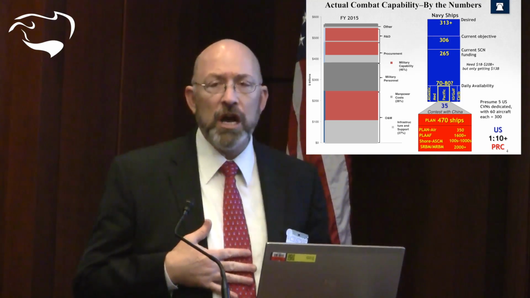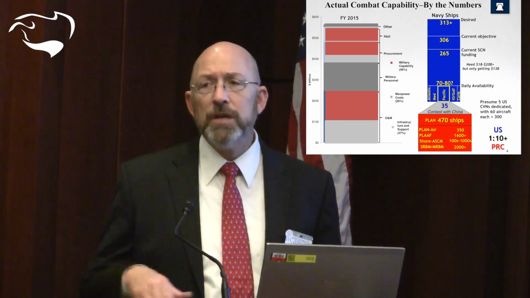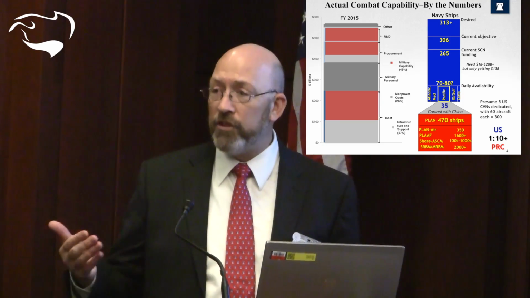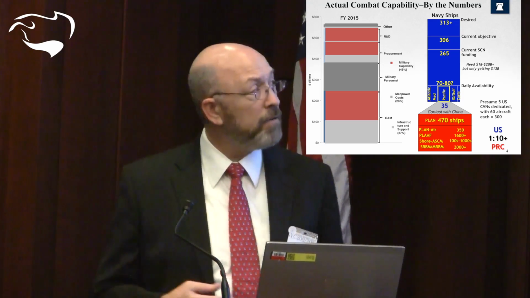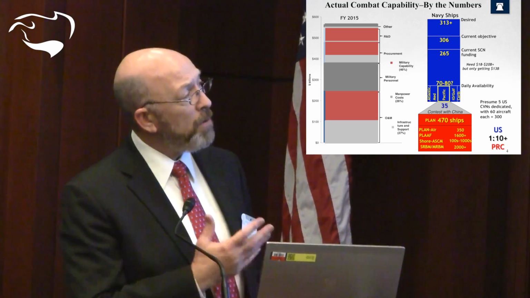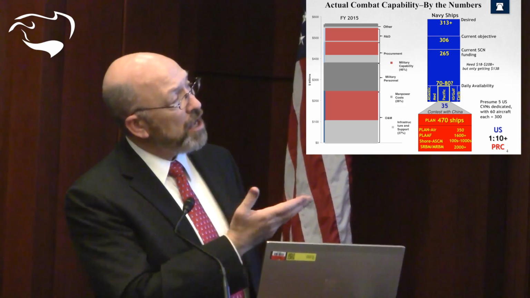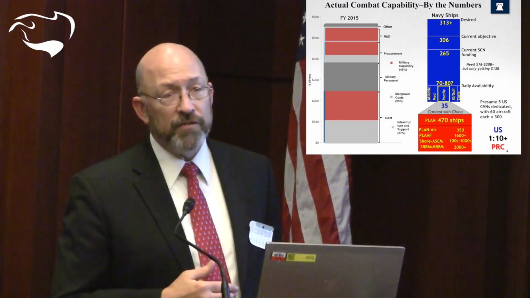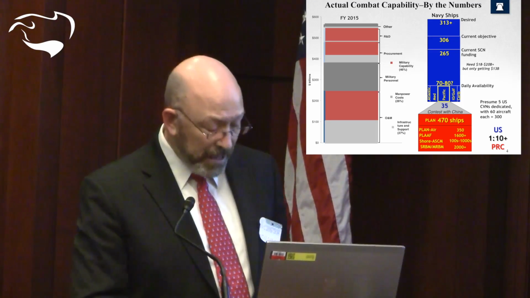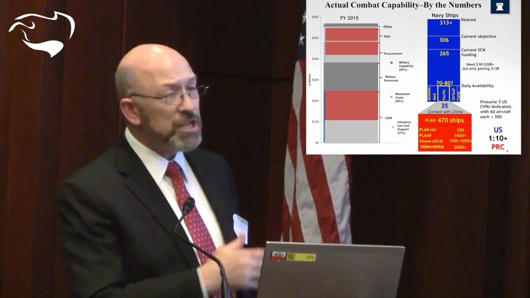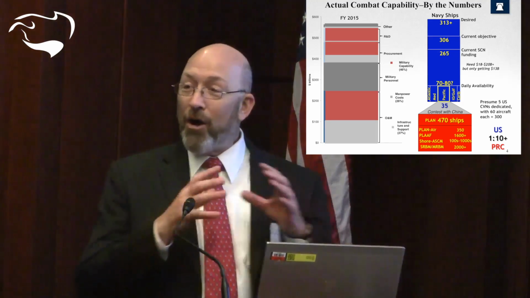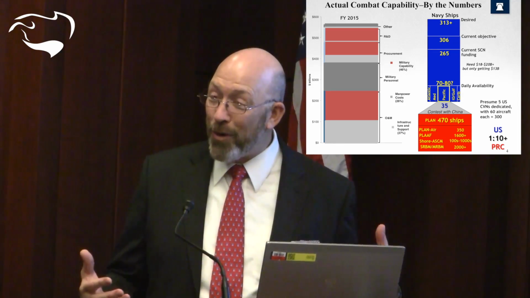I think it's artificially high because they're deferring maintenance and yard work because the demand for these platforms is so great. But if you look at historical norm, it's about 20, 25, maybe 30%. So what I've said is that at a 265 ship count, you've got 70 or 80 that would be available. Those 70 or 80 then are not all in one place. They're distributed around the world.